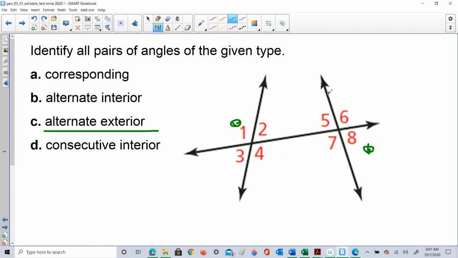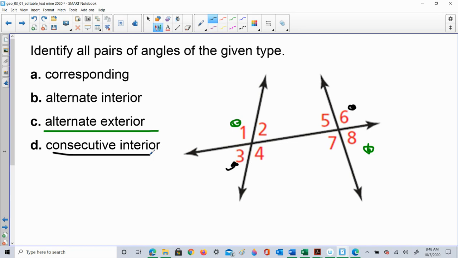So that will be 1 and 8. What else? All right, let's start at 3. If I was at 3, now I have to look at all the angles on this side of the transversal, but outside of the two given lines, alternate exterior angles.